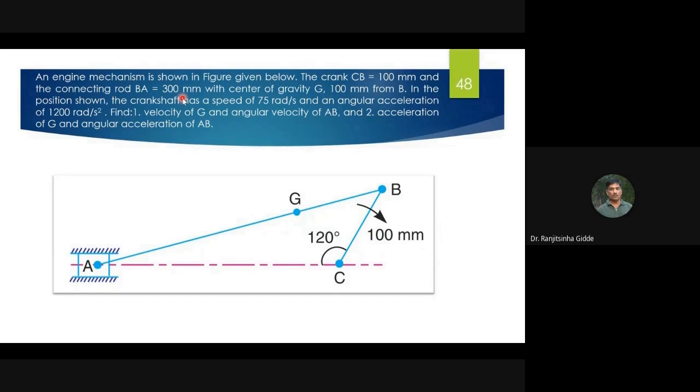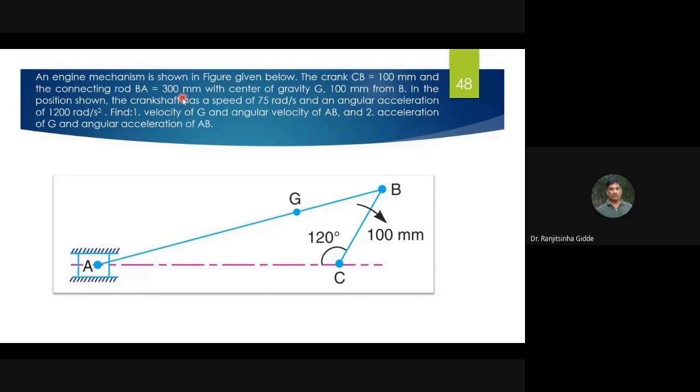Find number 1: velocity of G and angular velocity of AB.